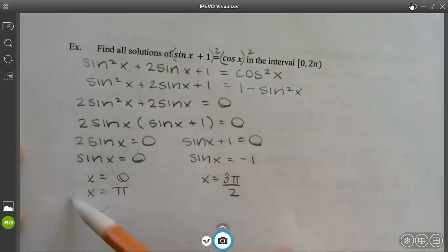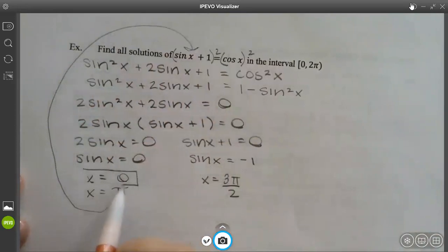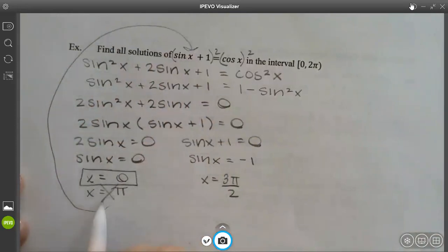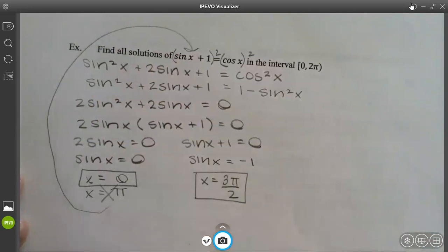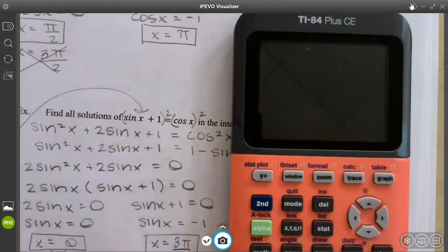We plug them back into the beginning and see if they match. 0 will, pi will not, 3 pi over 2 will. Make sure they're in radians because we're doing radians. You put this side in.